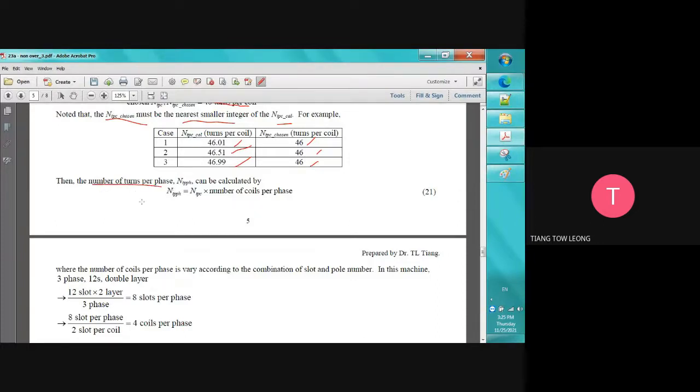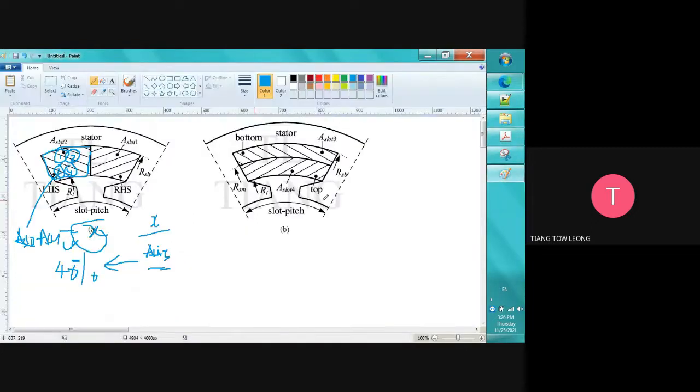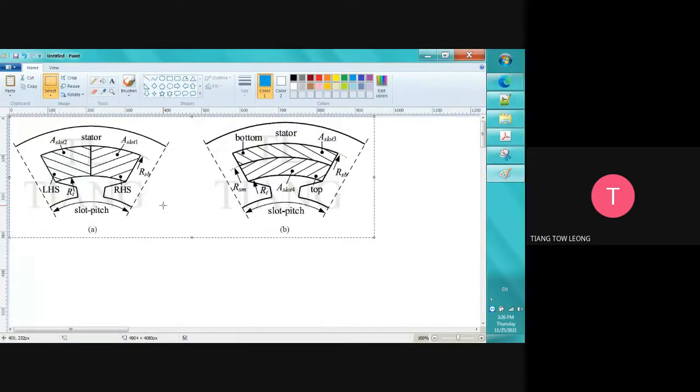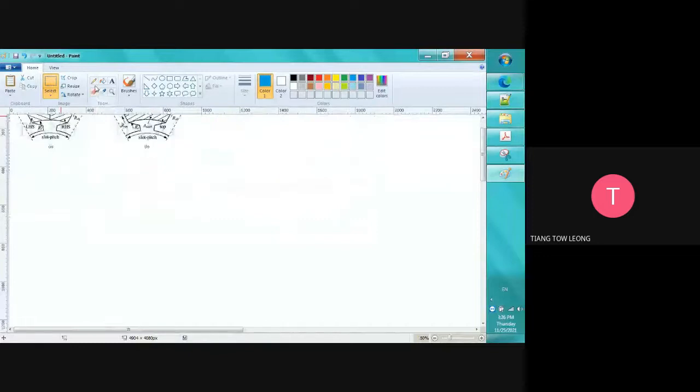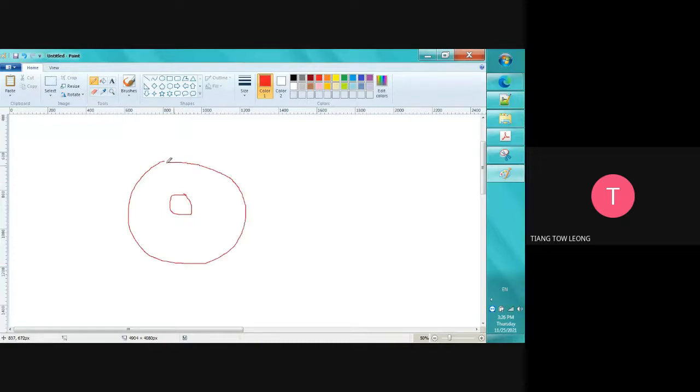Now, after that, we want to choose the number of turns per phase. What is the difference between number of turns per coil and number of turns per phase? For example, let's say one motor has winding slots 1, 2, 3, 4, 5, 6, 7, 8.